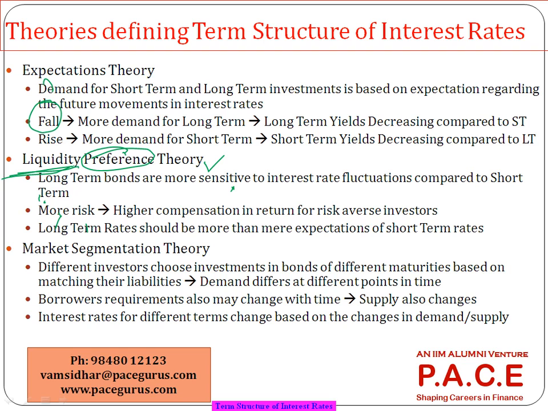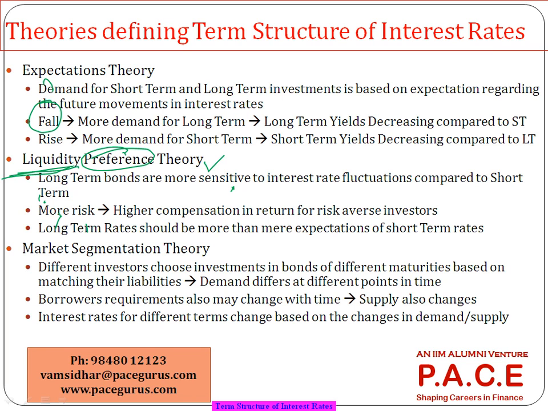So that's the second theory coming up, not just the expectations. Whatever the expectations, the actual return should be slightly more than the expectations because of the high risk that is associated with locking and blocking the money for a longer period.